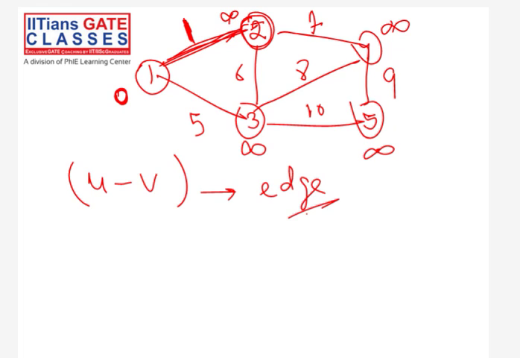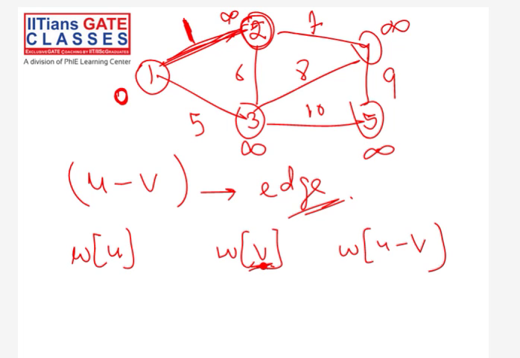Okay, this edge is in consideration. You consider the weight of u, the weight of v, and the third thing is the weight of edge u to v. Okay, the value that is there on the node, I'm considering as weight.